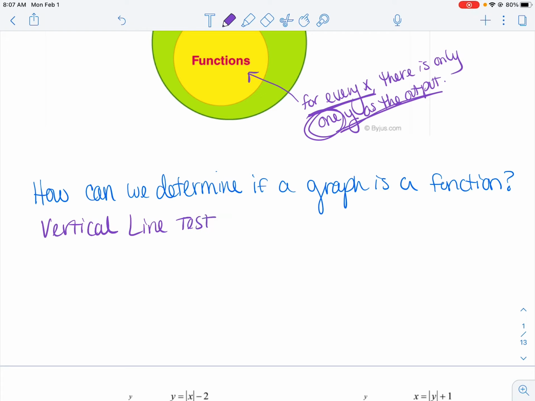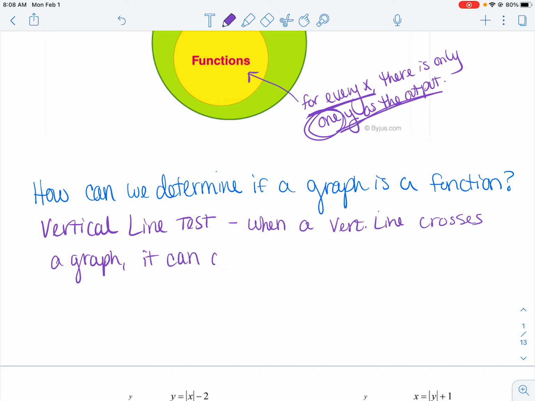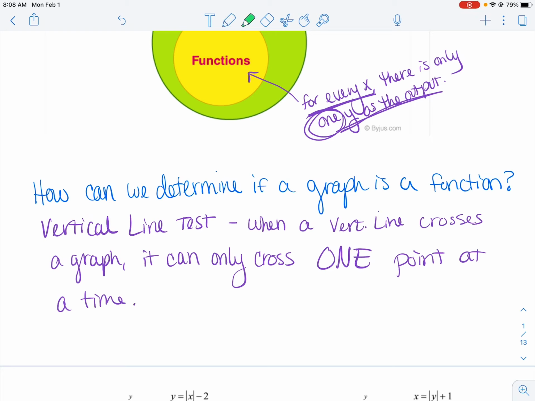And so the vertical line test is going to tell us, when we pass it over a graph, so when a vertical line crosses a graph, it can only cross one point at a time, right? And that's because for every input, for every x value we have, there can only be one output if it's a function.